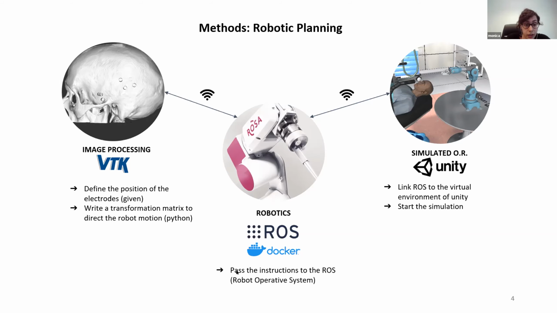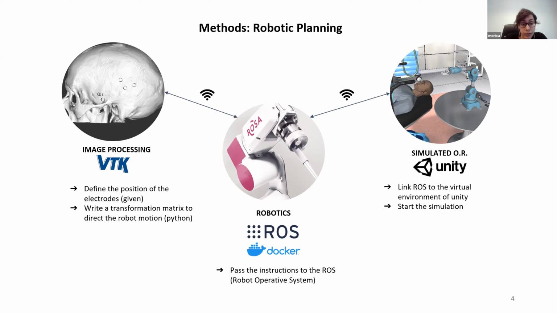So briefly, from the Python script, we add the position of the electrodes, and then we have to communicate to ROS and to Unity to start the simulation.